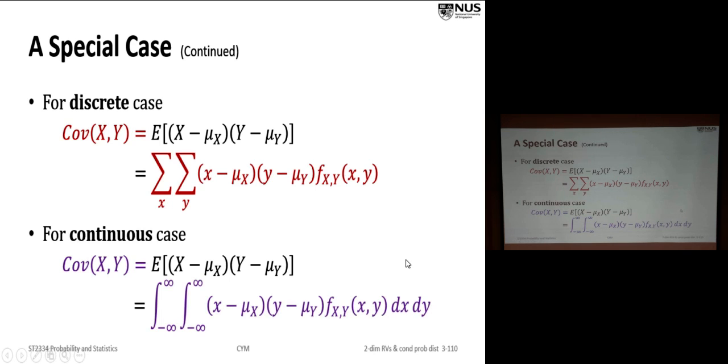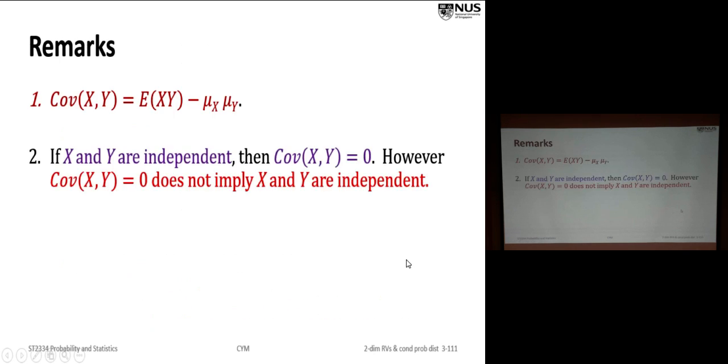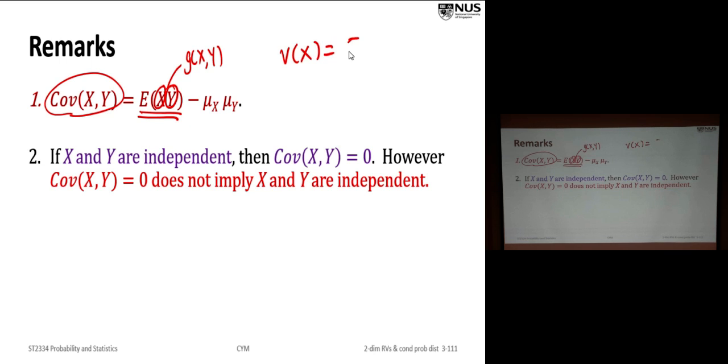Now, this is a working formula. The covariance of x and y is equal to the expectation of xy, where xy is a function of x and y, the product of x and y, then minus mu x times mu y. If you recall, for the variance of x, we have a similar formula.